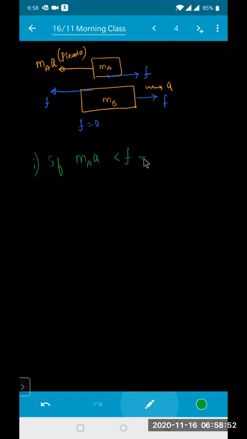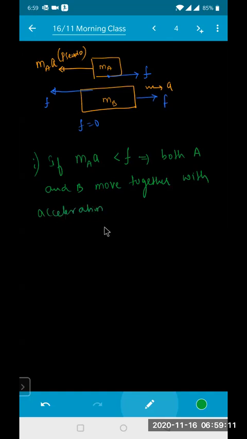So if your pseudo force is lesser than friction, both A and B will move together with acceleration A. So that is A equals F by m_A plus m_B.